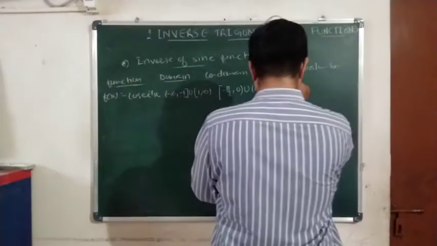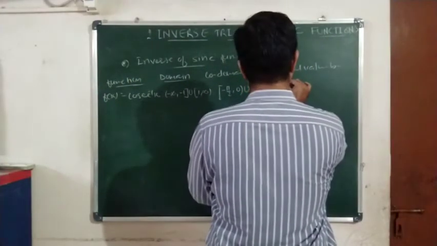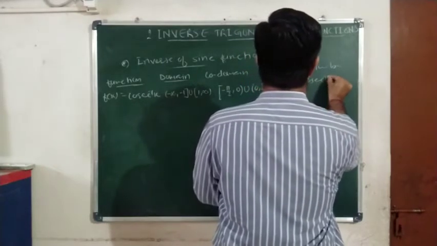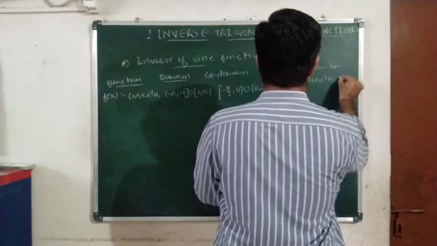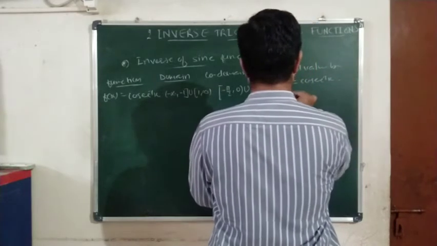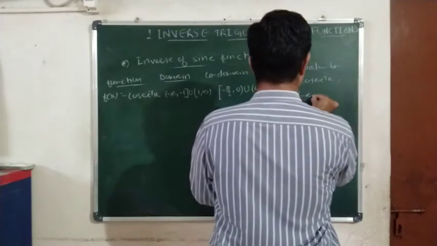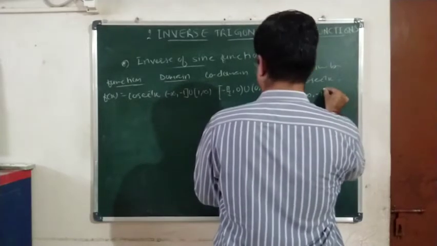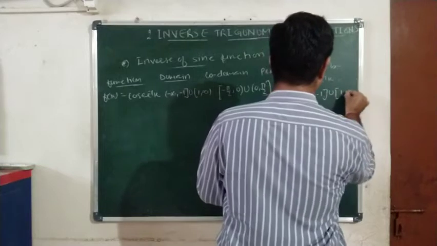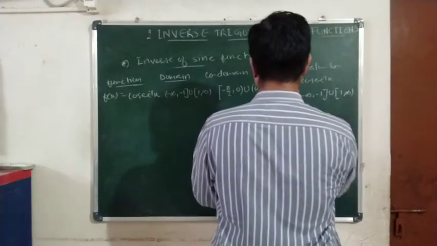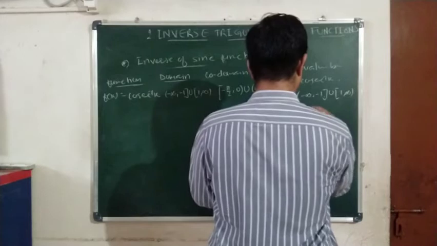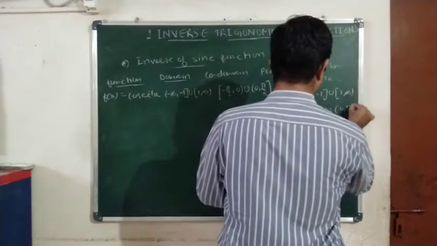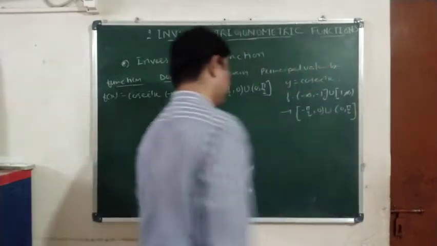So okay, principal value branch will be y is equal to cosec inverse x, f from minus infinity to minus 1 union 1 to infinity to minus pi by 2 to 0 union 0 to pi by 2. Clear?